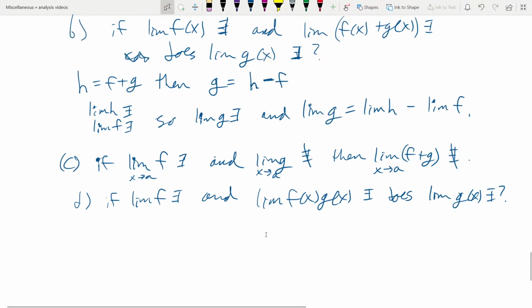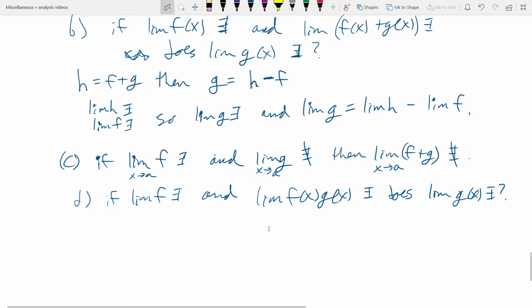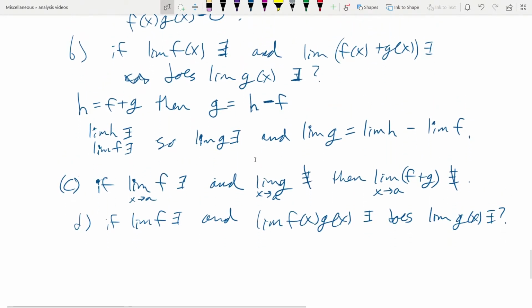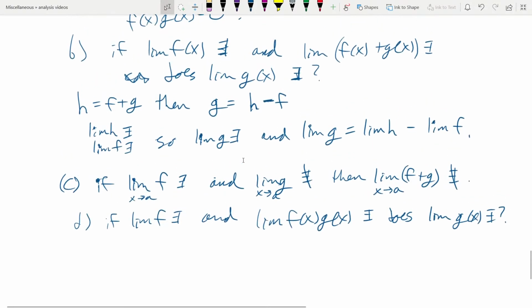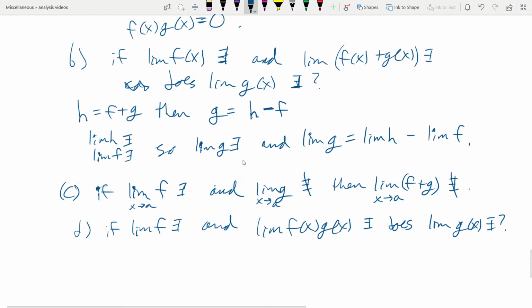Here you might say, well, of course, by the same reasoning as we used for the summation, where we just rewrote g in terms of the sum and f by writing g as h minus f. However, with multiplication, there's a caveat.